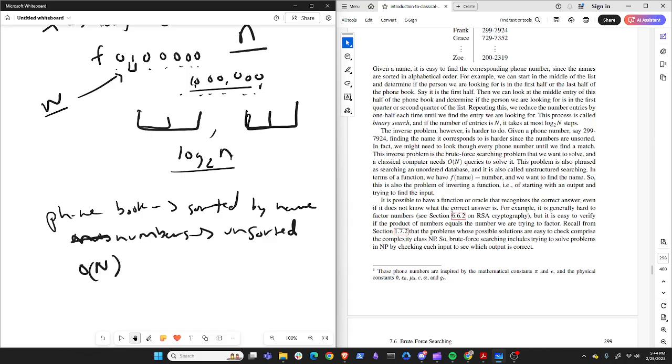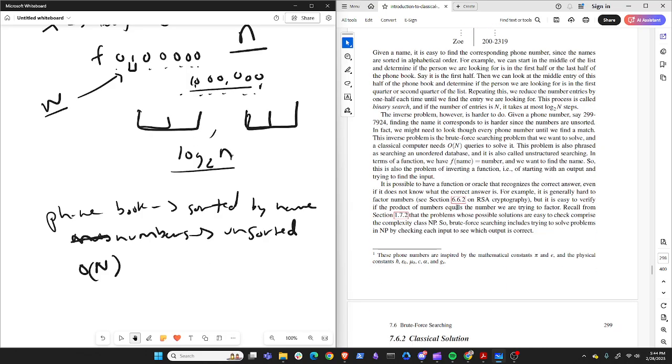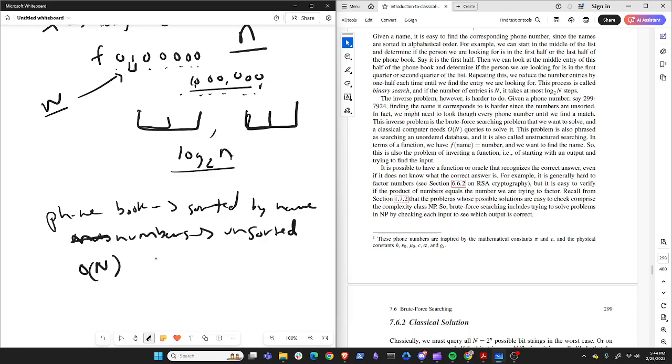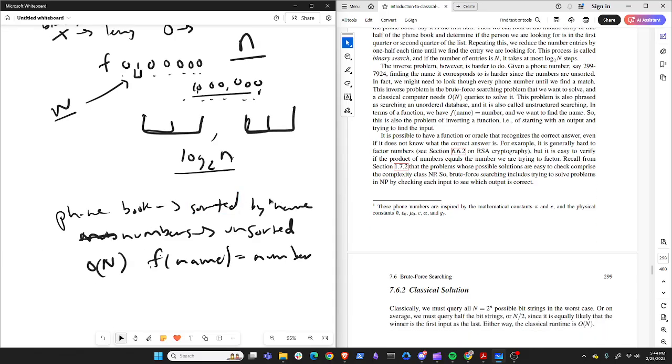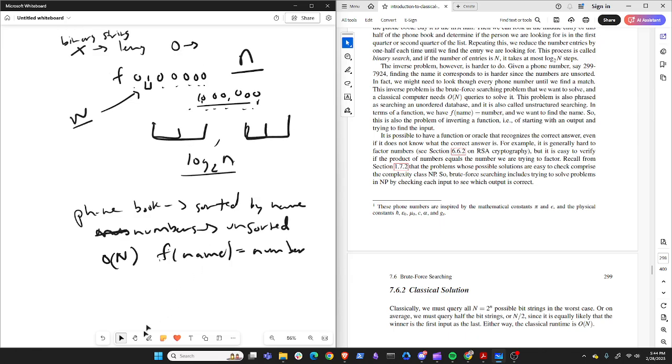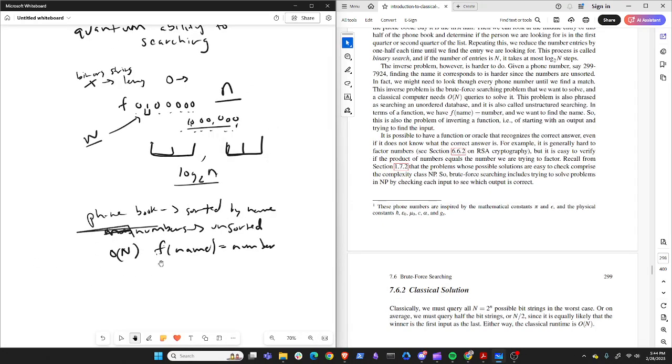They have it phrased here as f of name equals number. So we want to find a way to design an oracle that handles this inversion.